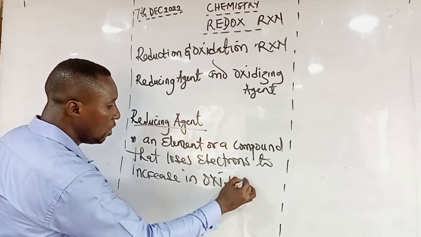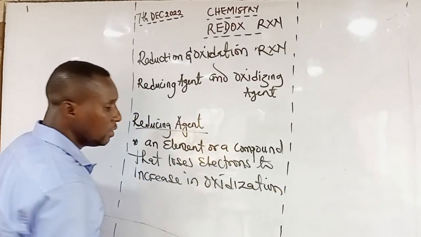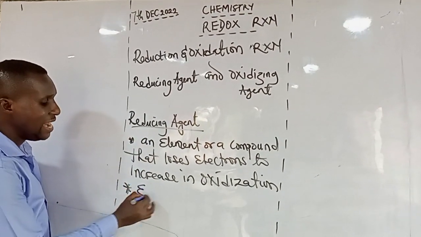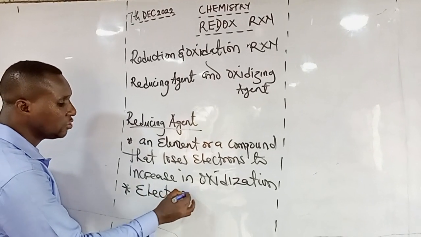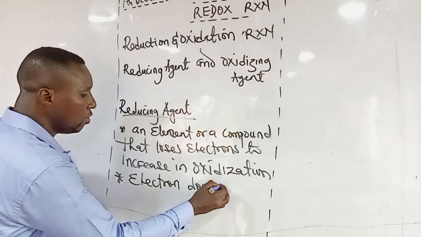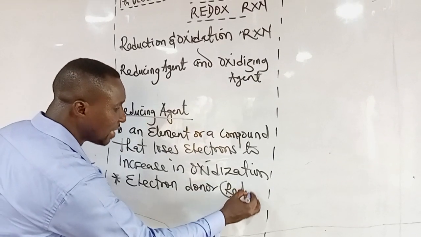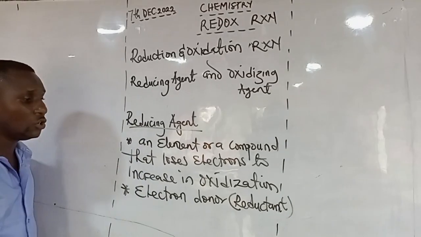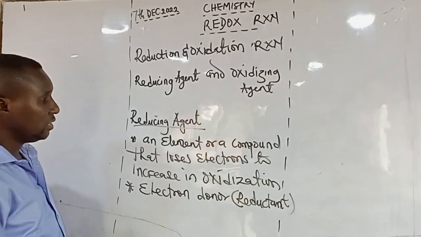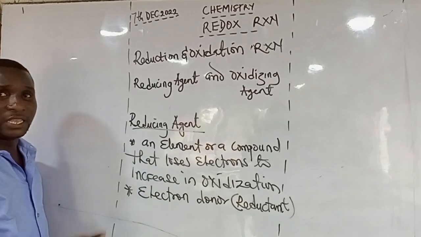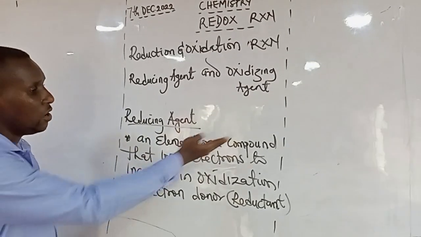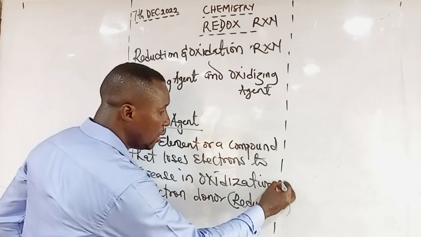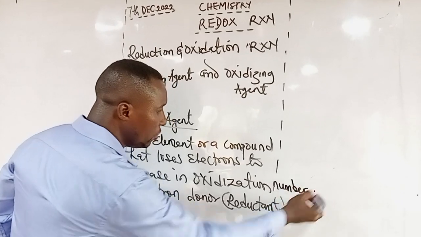Reducing agent can also be called electron donor or reductant. Reducing agent is a substance which could be an element or a compound that loses electron to increase in oxidation number.